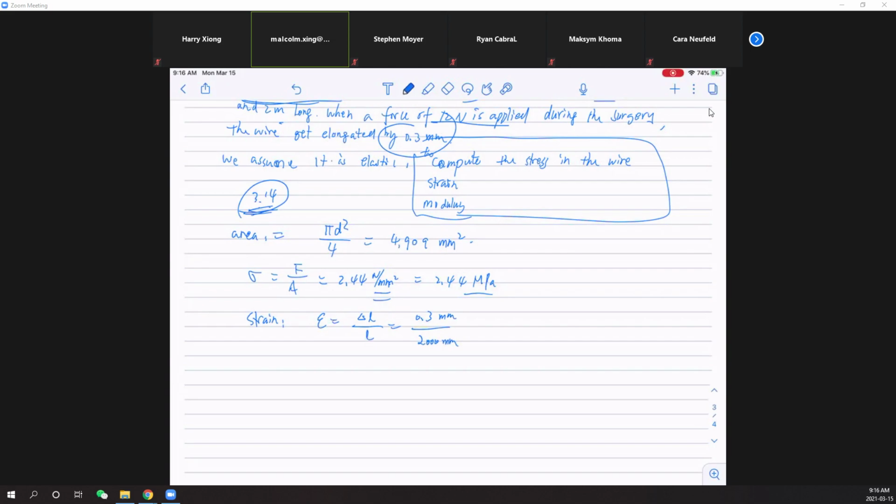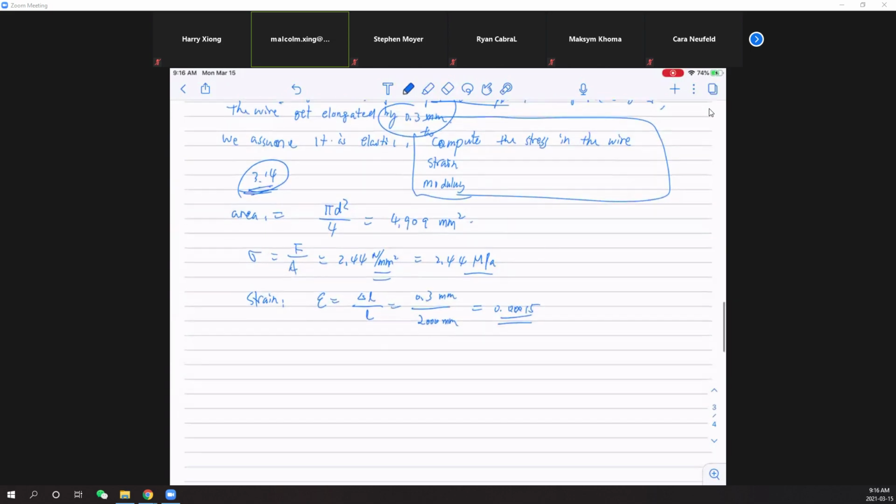So finally, we get around 0.00015. That's the strain. It's very small.